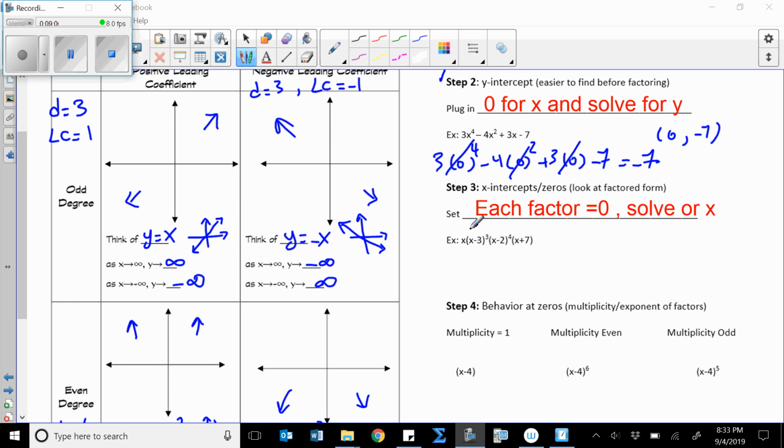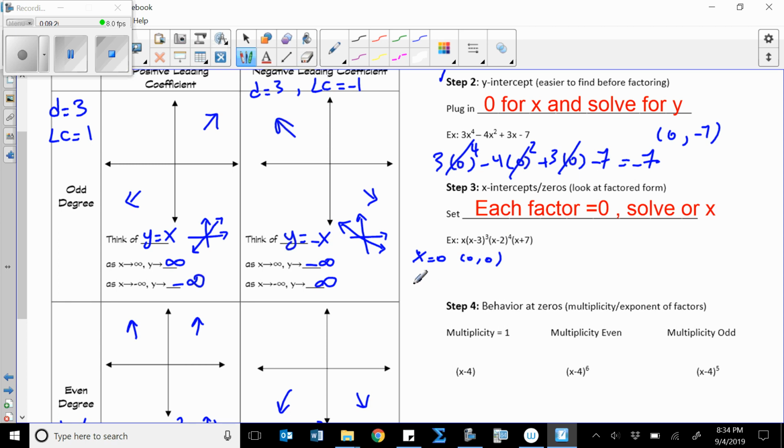Because in this case, you can just set each factor equal to 0 and then solve for x. For example, here we have a polynomial with 5 different factors. To find the x-intercepts, I'm just going to set each factor equal to 0. The first one is this x. I set that equal to 0 and my x-intercept is 0 and 0.